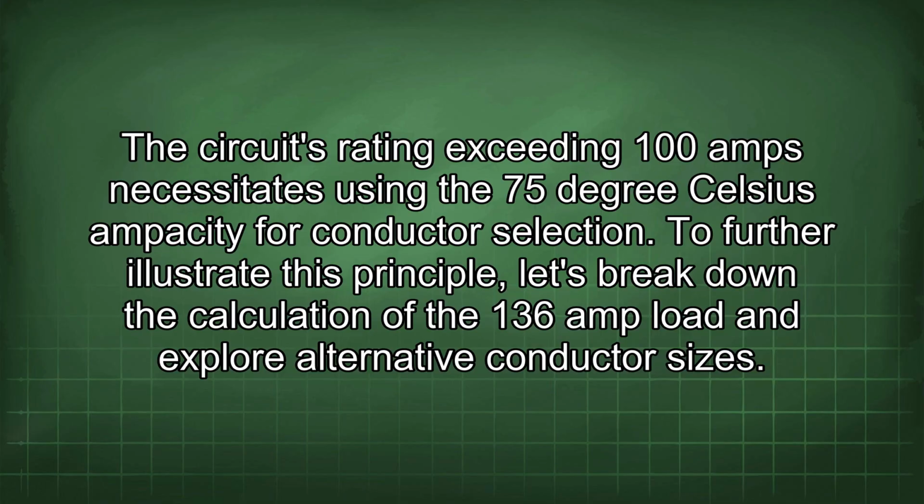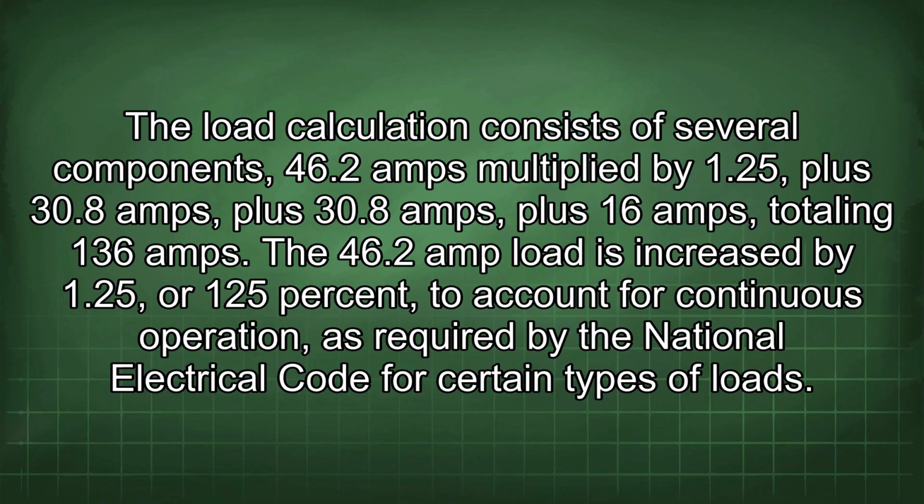To further illustrate this principle, let's break down the calculation of the 136 amp load and explore alternative conductor sizes. The load calculation consists of several components: 46.2 amps multiplied by 1.25, plus 30.8 amps, plus 30.8 amps, plus 16 amps, totaling 136 amps. The 46.2 amp load is increased by 1.25, or 125%, to account for continuous operation as required by the National Electrical Code for certain types of loads.